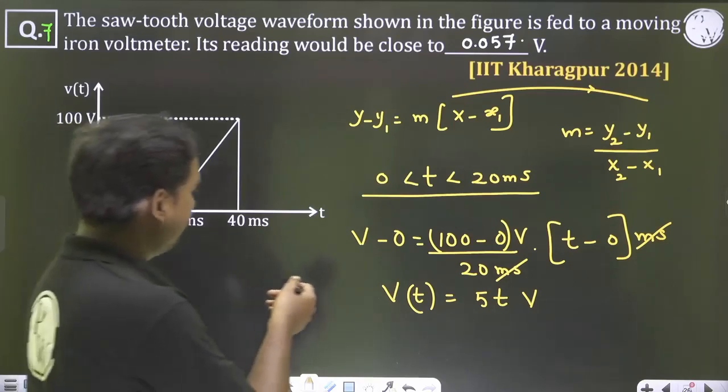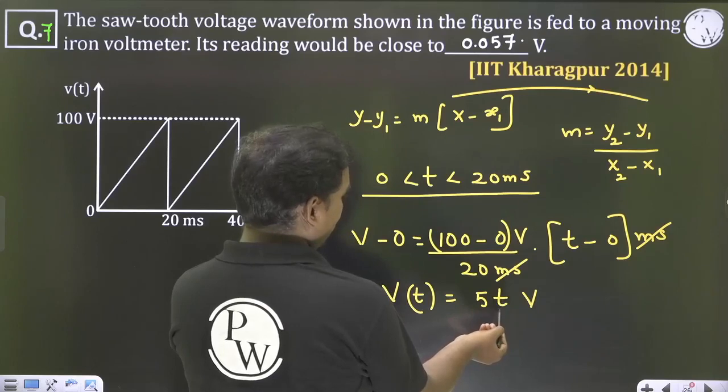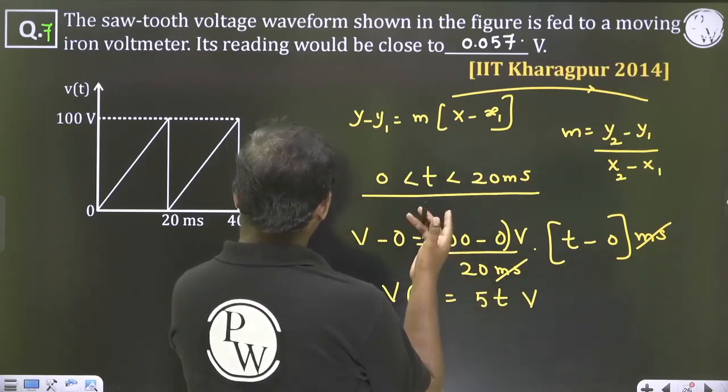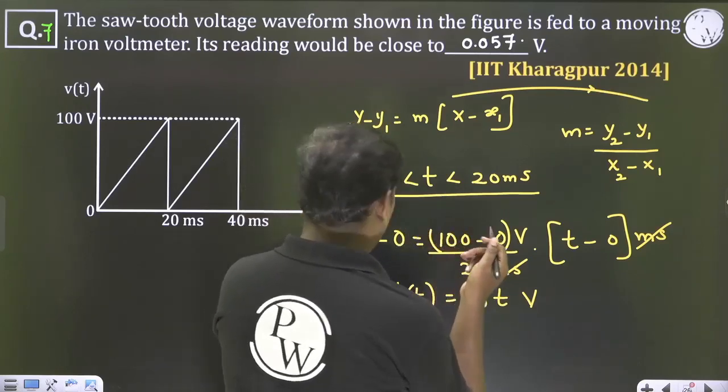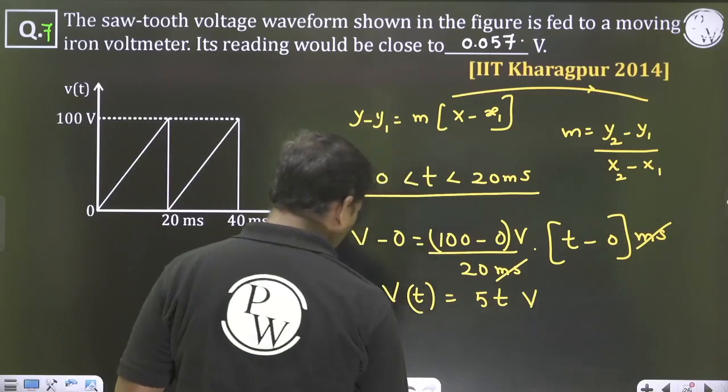Sorry, I think here the units are not matching. The t unit should be there. This cannot be cancelled here, right?